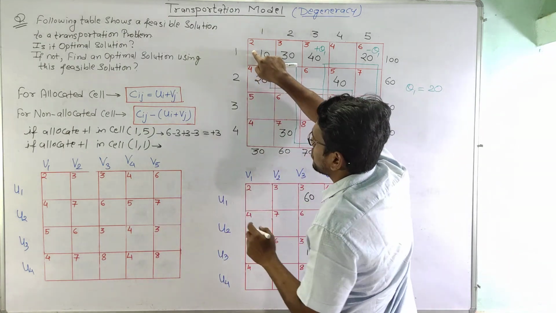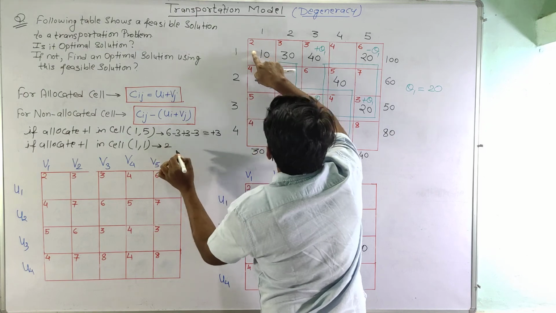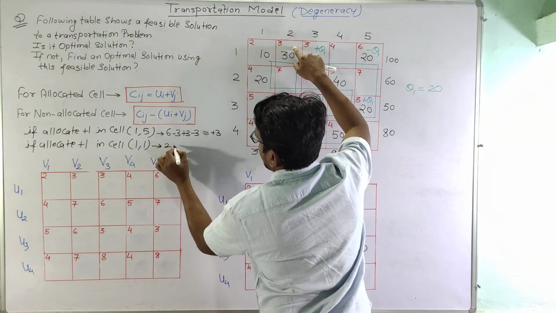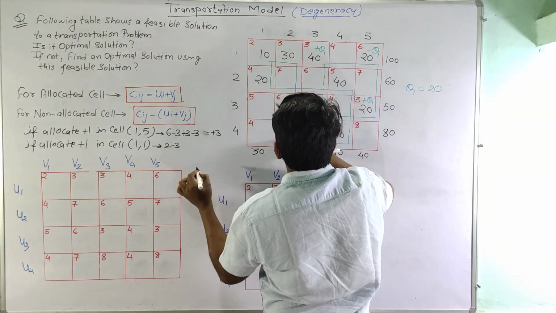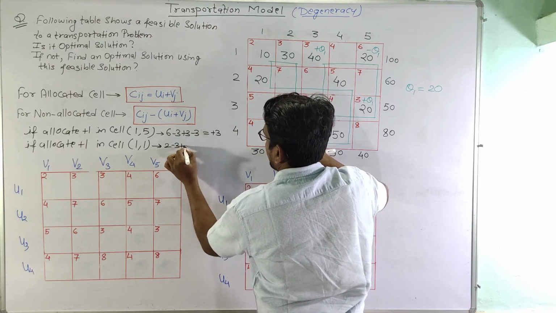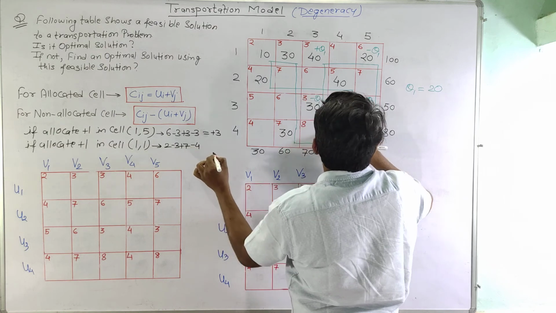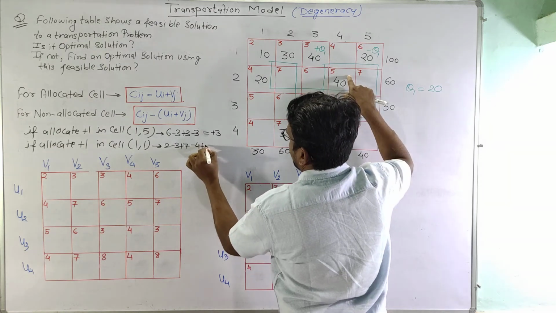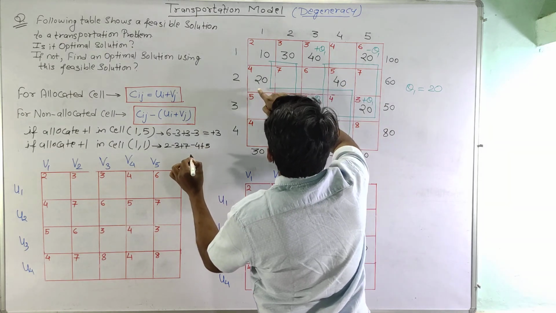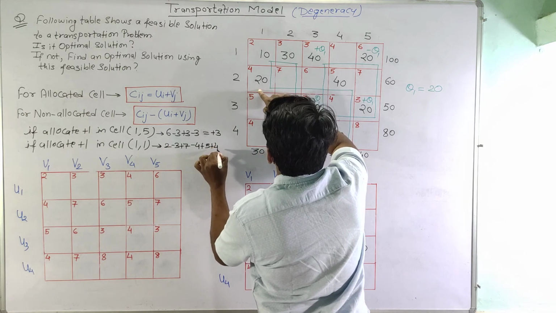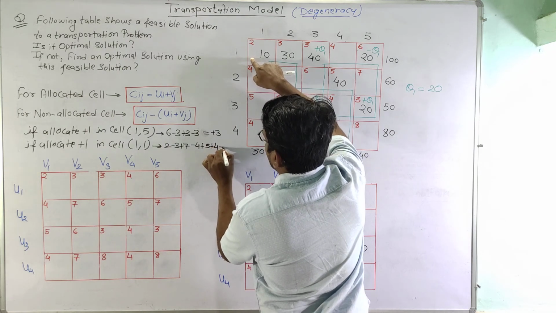This will be plus 2, this will be minus 3, this will be plus 7, this will be minus 4, this will be plus 5, this will be plus 4, this will be minus 2.